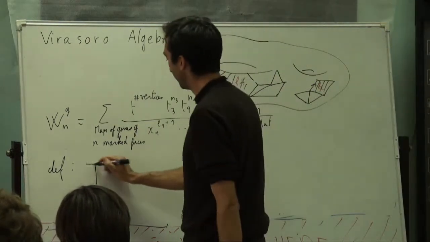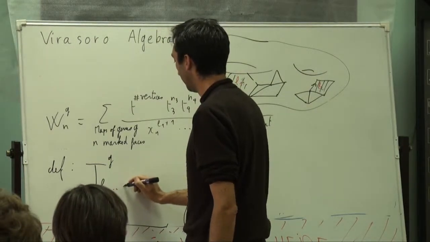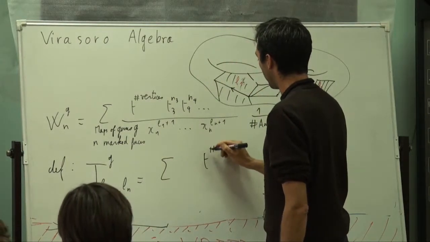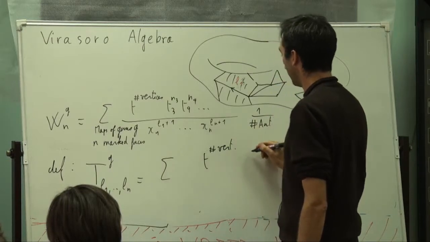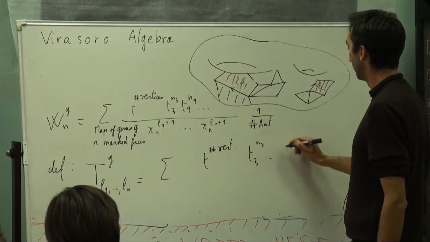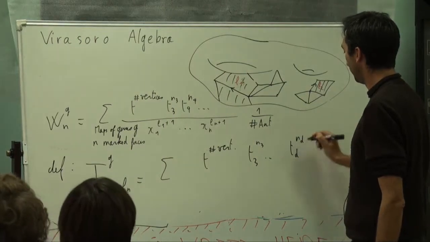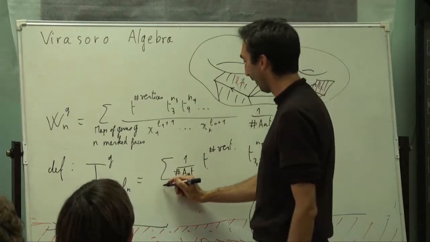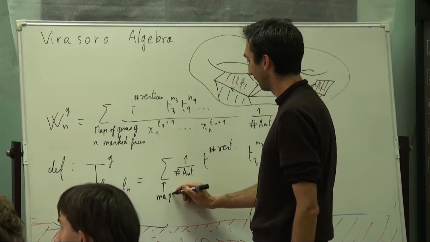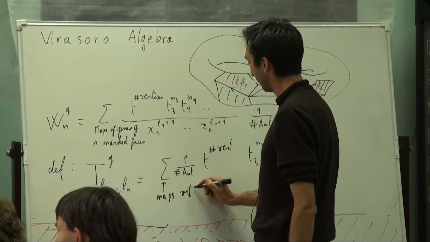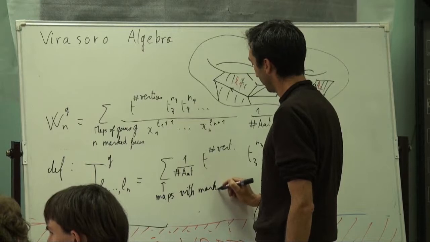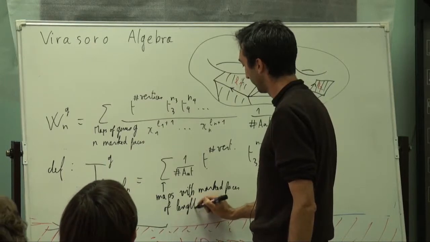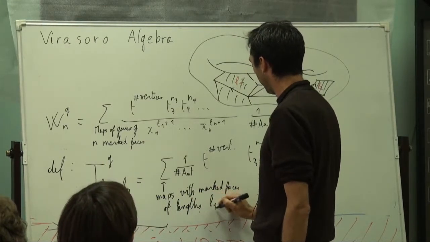So T_g of L1, ..., Ln is the same sum, t to the number of vertices, t3 to the n3, td to the nd, possibly with automorphisms, but now maps with marked faces of lengths L1, ..., Ln.